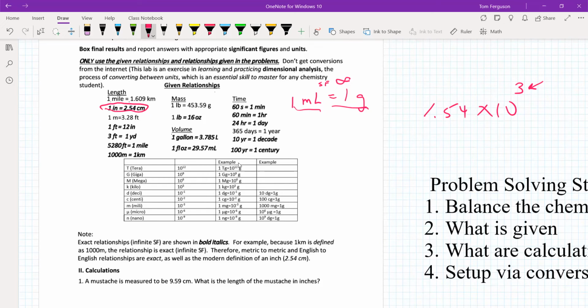But as far as scientific notation goes, it's by definition that this has to be an integer. It can't be anything but an integer. So because of that, the sig figs is infinite. So that doesn't count for the sig figs, only that. So this number has 3 sig figs.